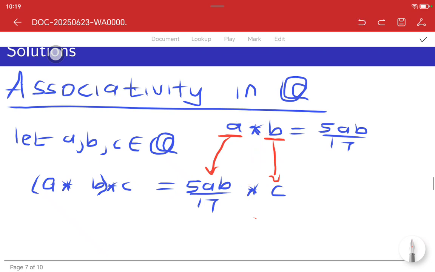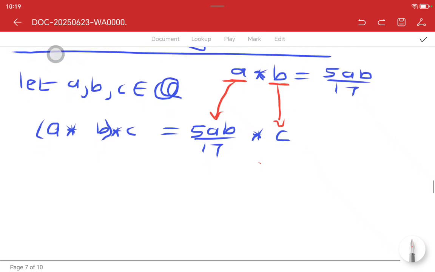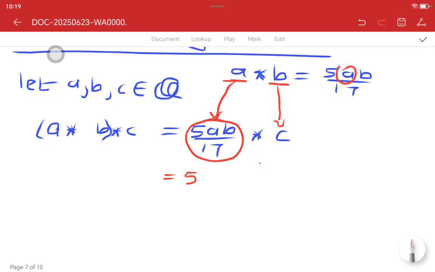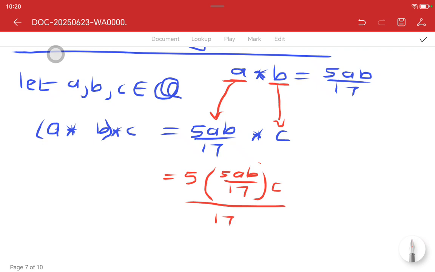So I'll take that equation. I have 5, then on A, I'll substitute that entire 5AB over 17. Then on B, I substitute C, all over 17.